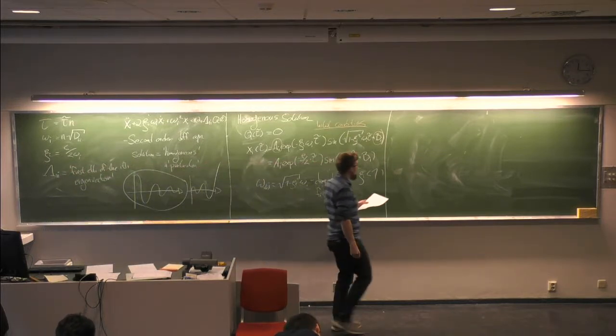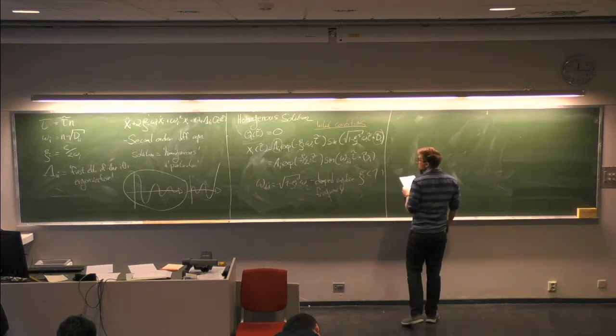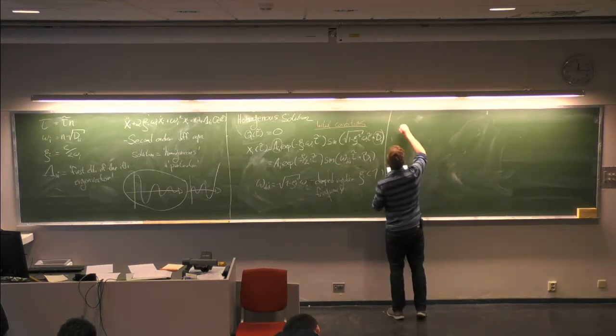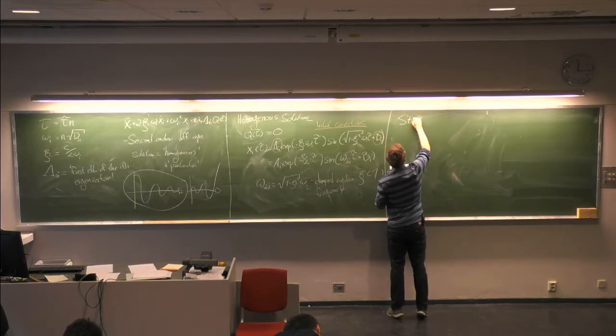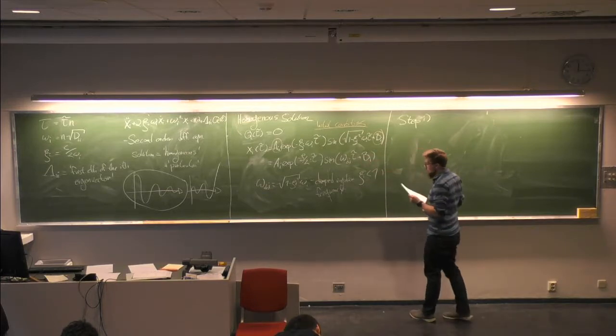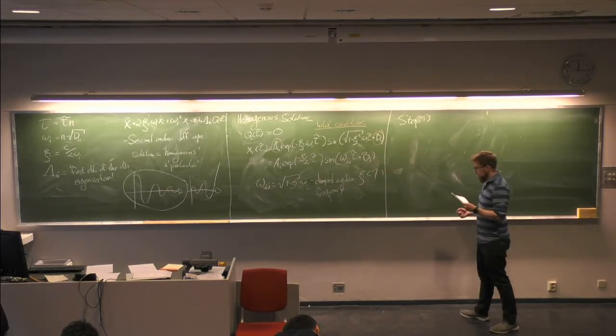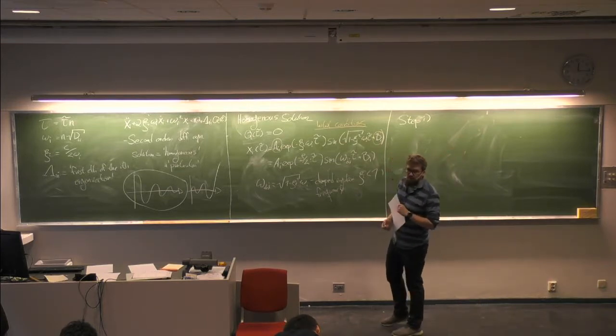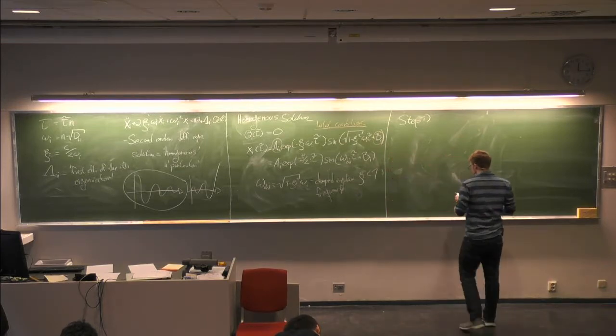I'm going to try to do this in a better fashion, but we're going to rewrite this second order system into two first order equations. So that means we can use so-called integrating factors to solve them.